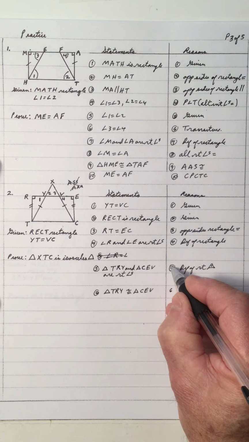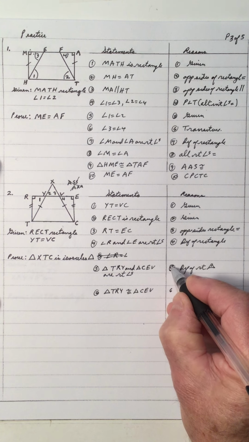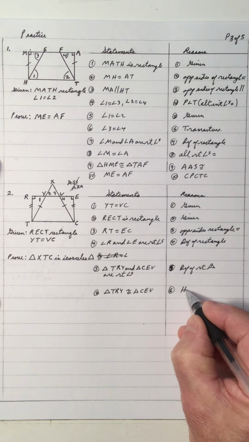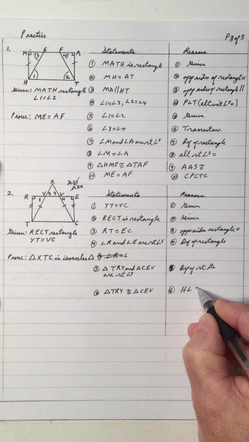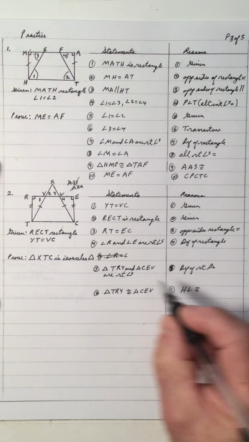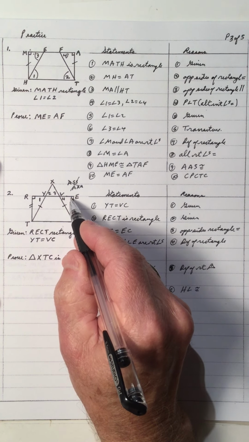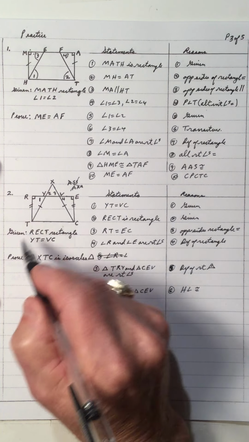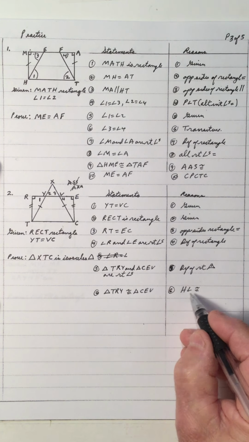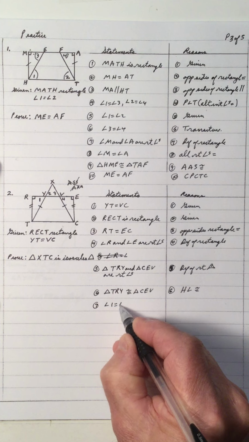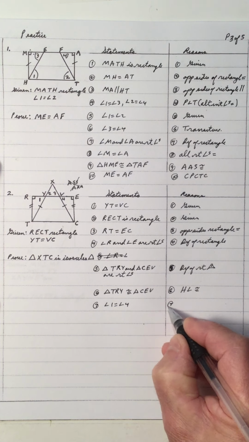This is a 5, be careful. This is a 5. This is a 6 by HL congruency. That's hypotenuse leg. This is the hypotenuse opposite the right angle. Hypotenuse opposite the right angle. These are the 2 legs. So HL. And as a result, we have angle 1 equals angle 4.